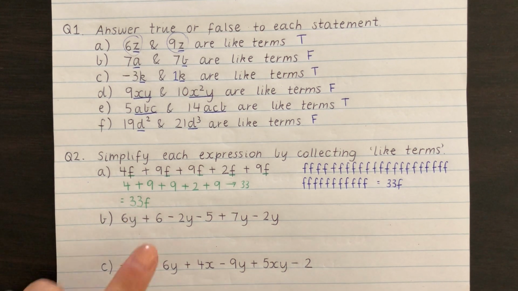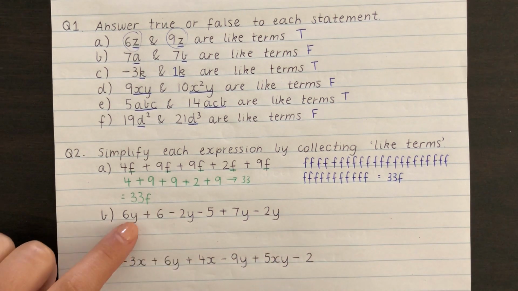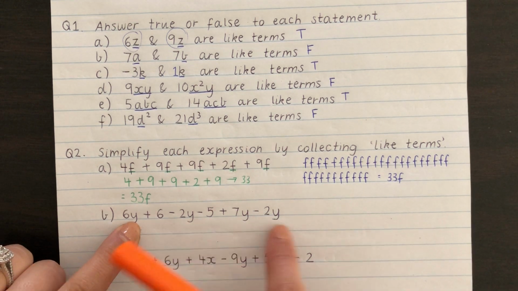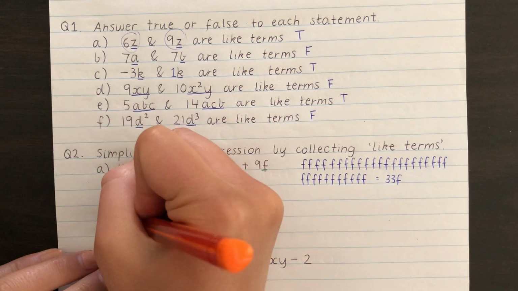Okay, let's try the second. This one's a little bit harder. We need to find our like terms. Okay, so here I can see that I've got a Y. I am going to underline every single term here that has a Y to it, and I'm going to use my orange pen.